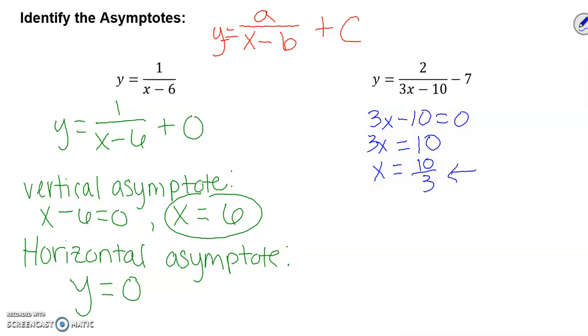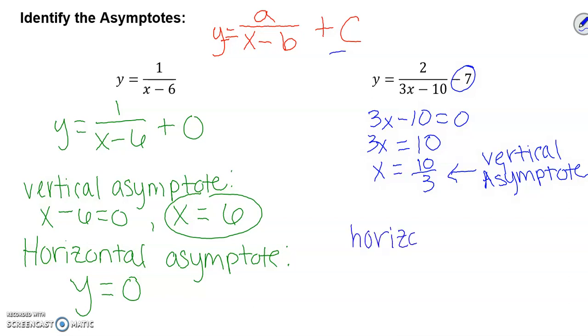So this is going to be our vertical asymptote. Our horizontal asymptote is going to be that c value. So c value here. So horizontal asymptote is y equals negative 7.